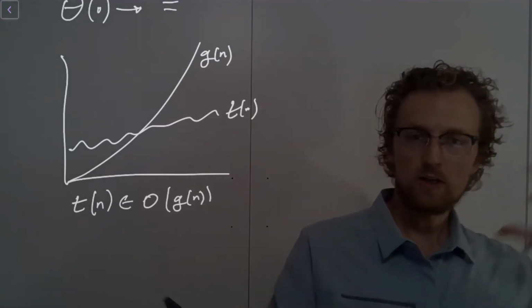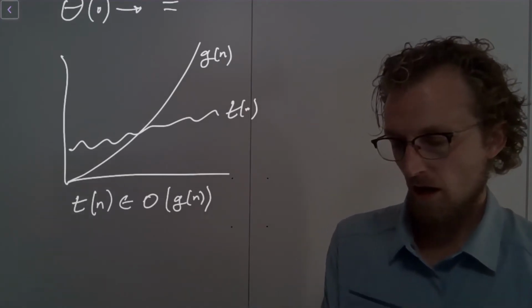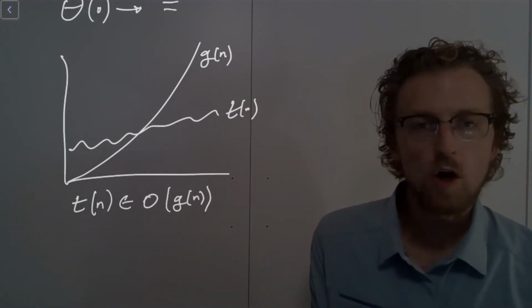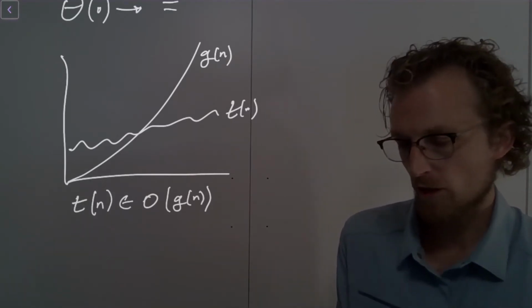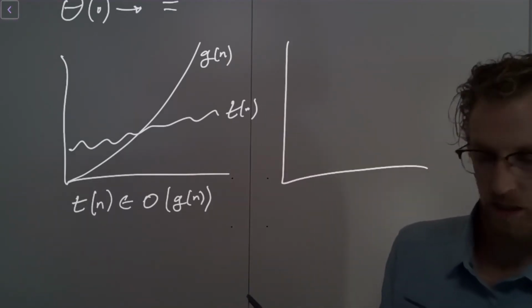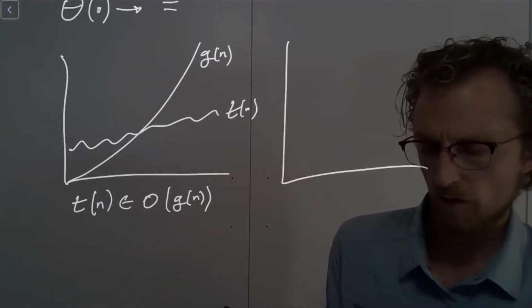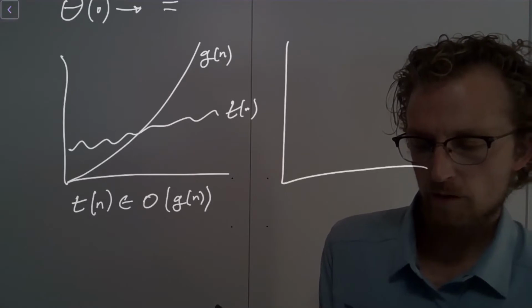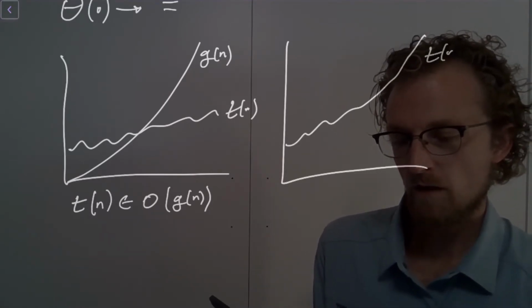If I zoom out far enough, and if I squint so I can't read the numbers, eventually I'll see that g of n is always bigger than t of n. So we have this less than or equal to relationship. We can also draw something that corresponds roughly to a big omega. Here's my t of n.